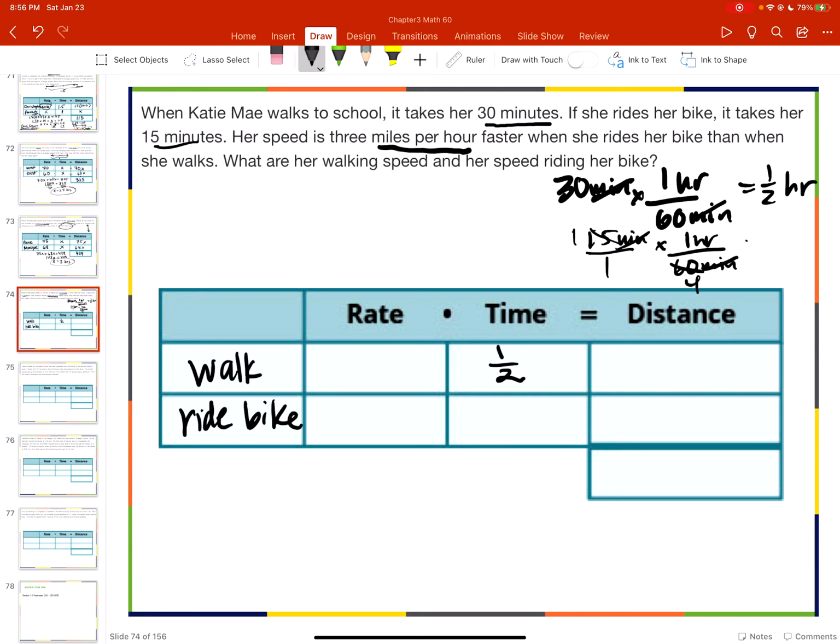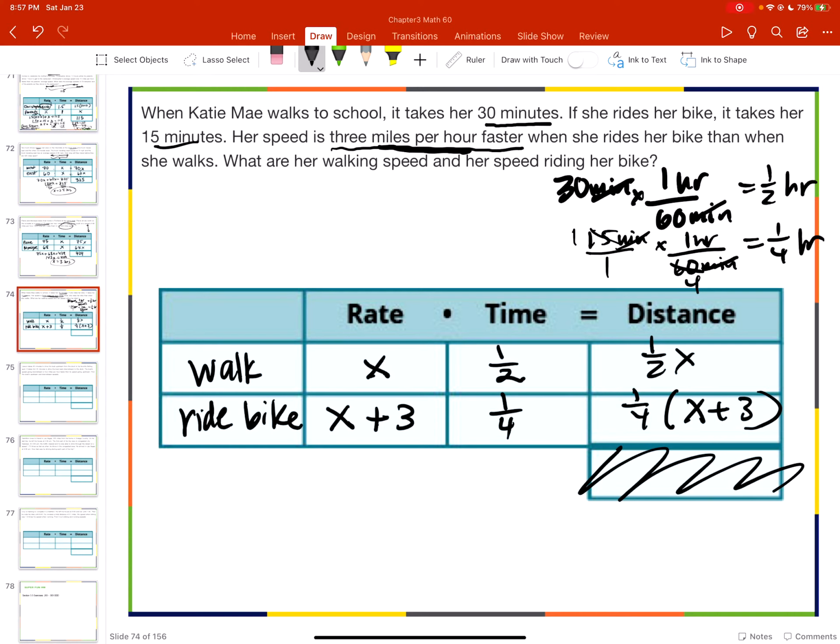So that's 1/4 hour, or 0.25 and 0.5. And then it says her speed is 3 miles per hour faster when she rides her bike, so that's plus 3. When she walks, that's our x. So multiplying across, that's going to be 1/2 x here, and this is going to be 1/4 times the quantity x plus 3.